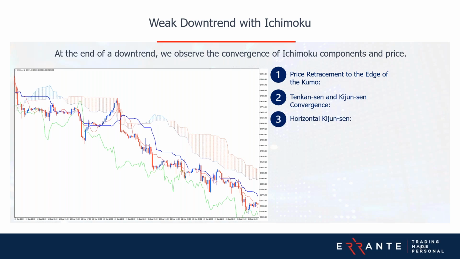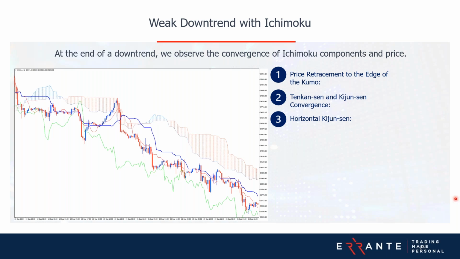However, another one is the horizontal Kijun-sen. This is a controversial situation for the Kijun-sen, because we know it indicates the longer term moving average. A horizontal Kijun-sen indicates a period of consolidation most of the time, but it depends on the confirmation from the price action as well.